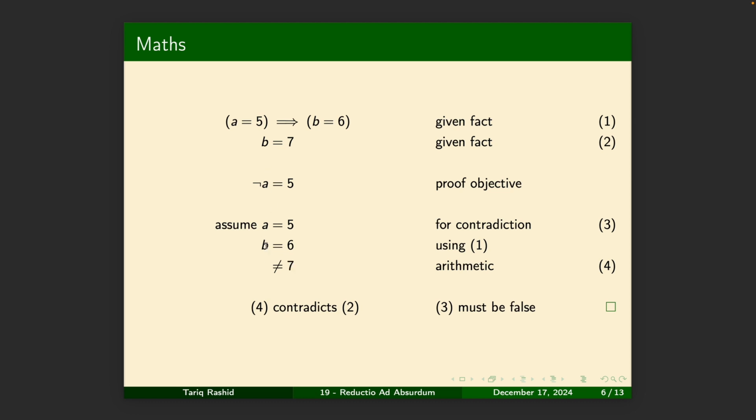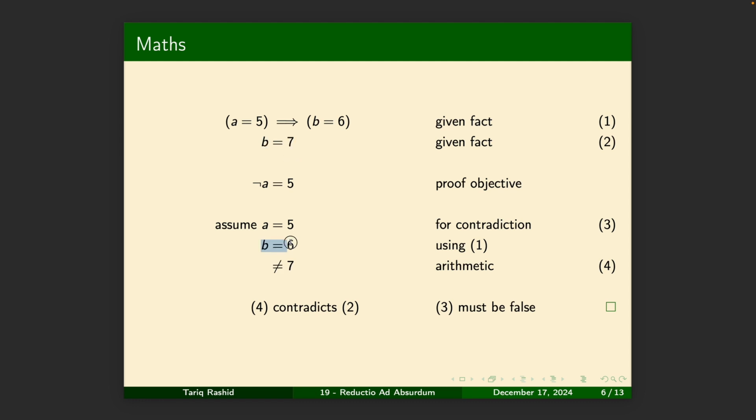You and I can look at B is equal 6 and say, well, clearly it's not 7. When we're writing the level of detail required for a Lean proof, we need to be just a little bit more detailed than that. So we can say B equals 6 means B is not 7. B is not 7 contradicts B equals 7. Those are the two contradictions.